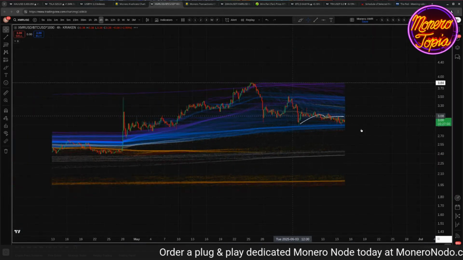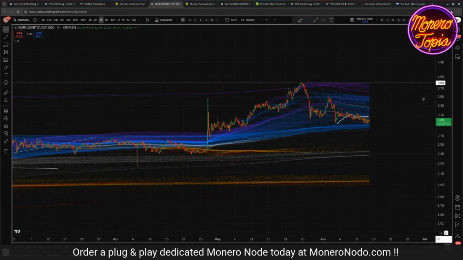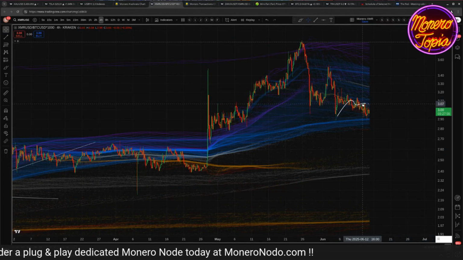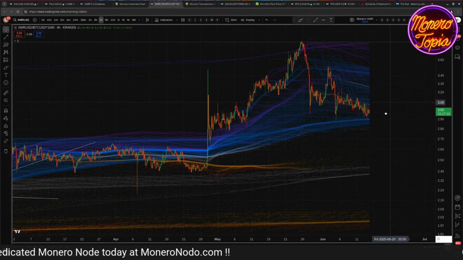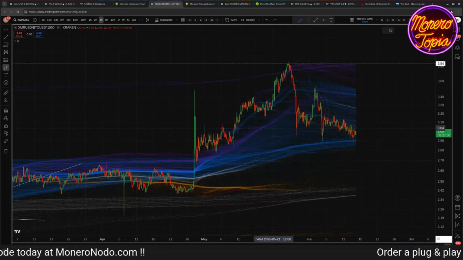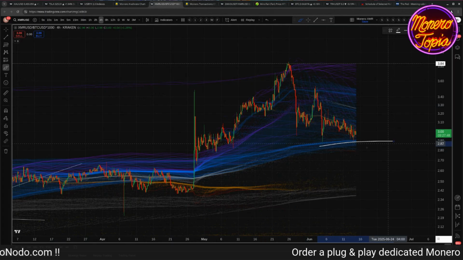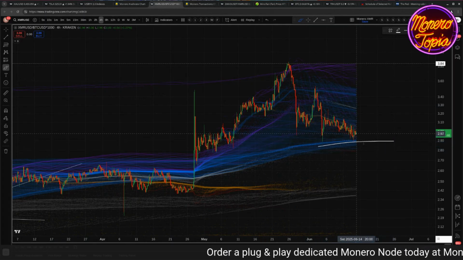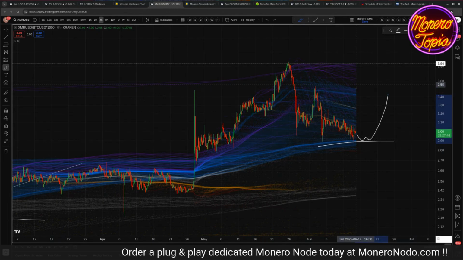Okay, so we're looking here at the Bitcoin versus Monero price on the 4-hour. And it looks like this would actually be a reasonably good chart, technically speaking, right? From TA analysis, to say that there's a good chance that we form some kind of bottom, maybe try to come towards the top side.